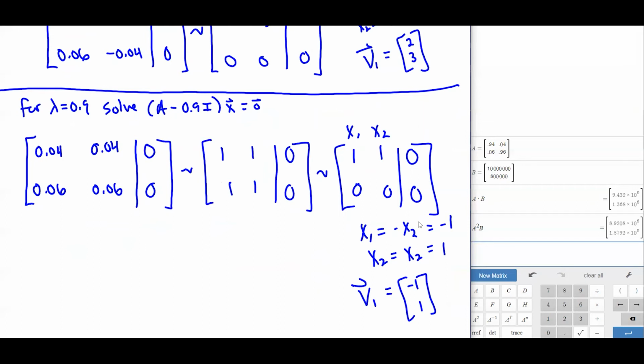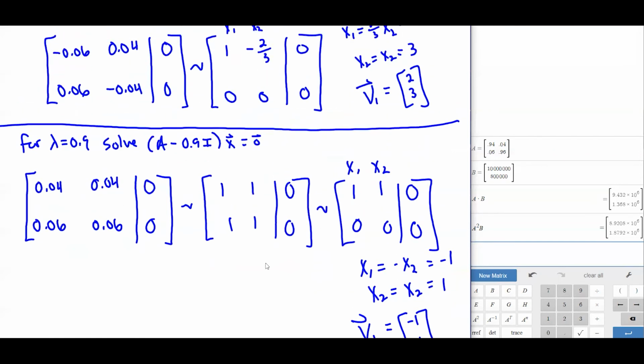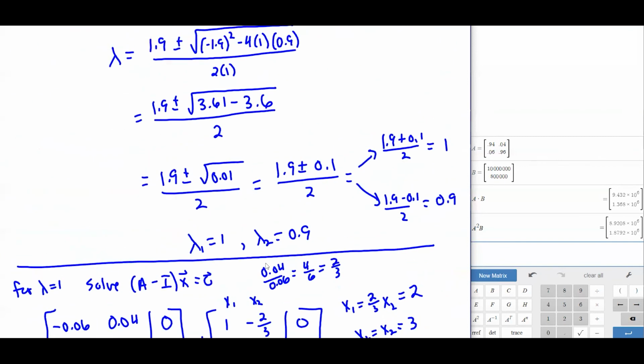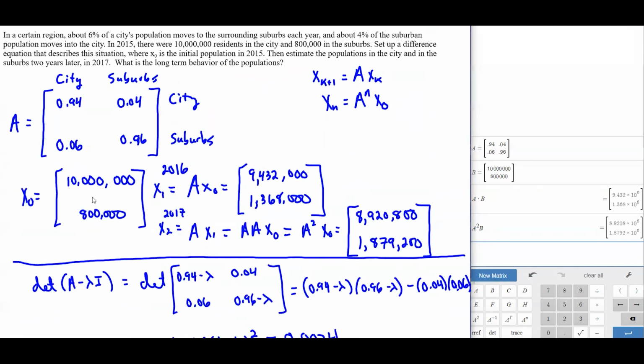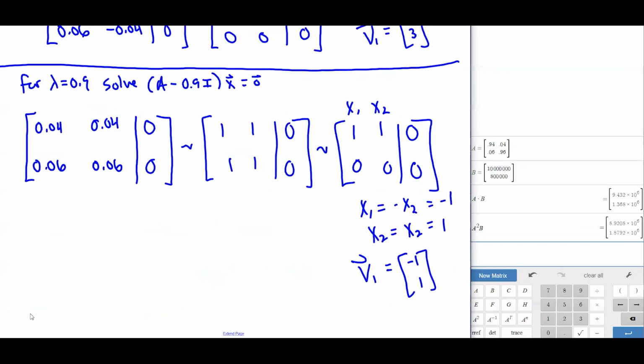That means we can generate any vector we want by taking a linear combination of v1 and v2. So what I'm going to do is take this initial vector, this 10,800,000, and write it as a linear combination of v1 and v2.